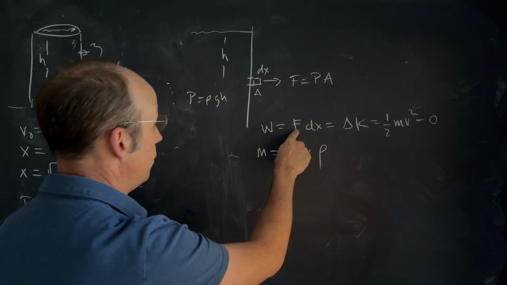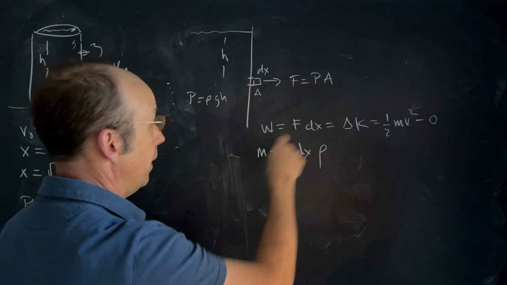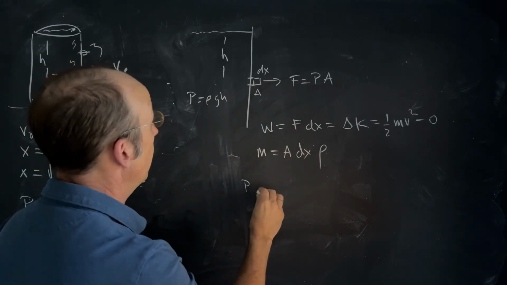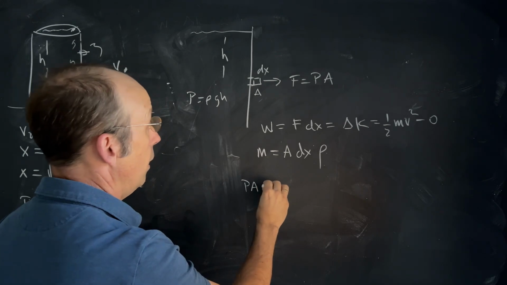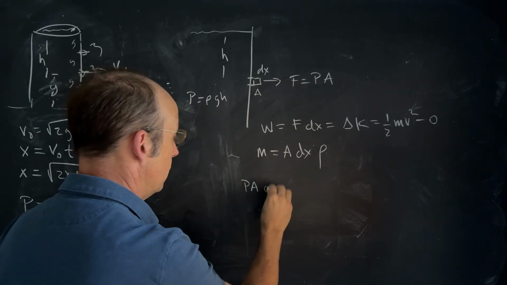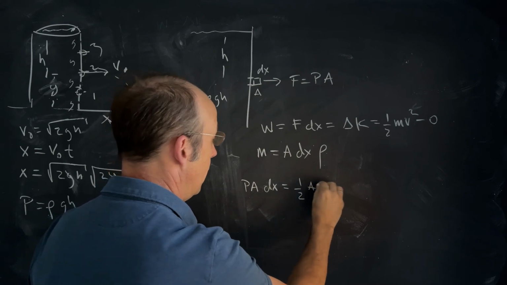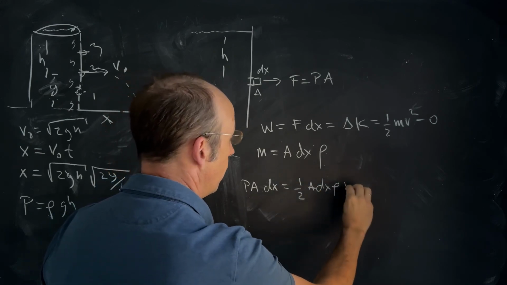So let's put in the pressure, the force, and everything. The force is P times A, so it's P times A times dx. That's the work done, and that's 1/2 mass A dx rho v squared.